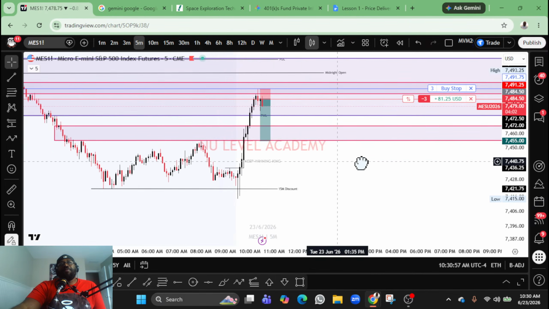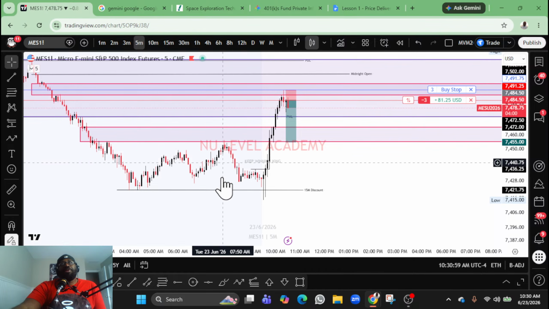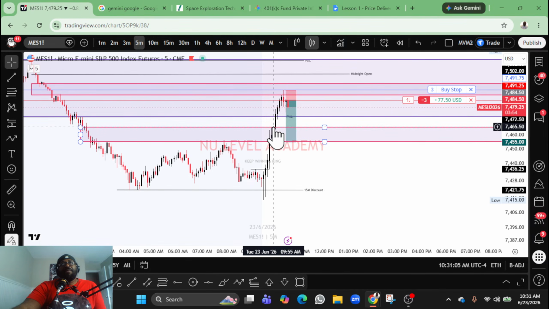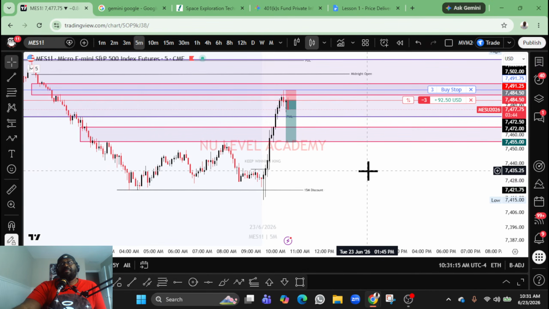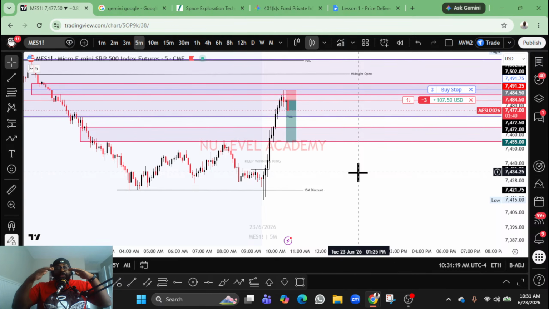Because there's no reason for us to play support and resistance and things of that sort. Because what did the market do? It broke through resistance key areas, right? So there was no reason to play that. The smart way to play it is by understanding the story that the market is telling, the opportunities that the market will give you once that manipulation move happens.